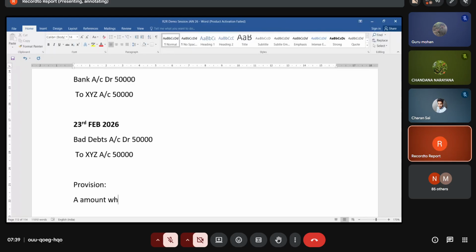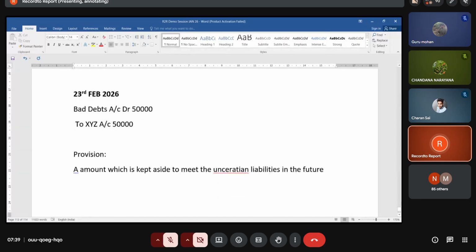An amount which is kept aside to meet the uncertain liabilities in the future is called a provision.